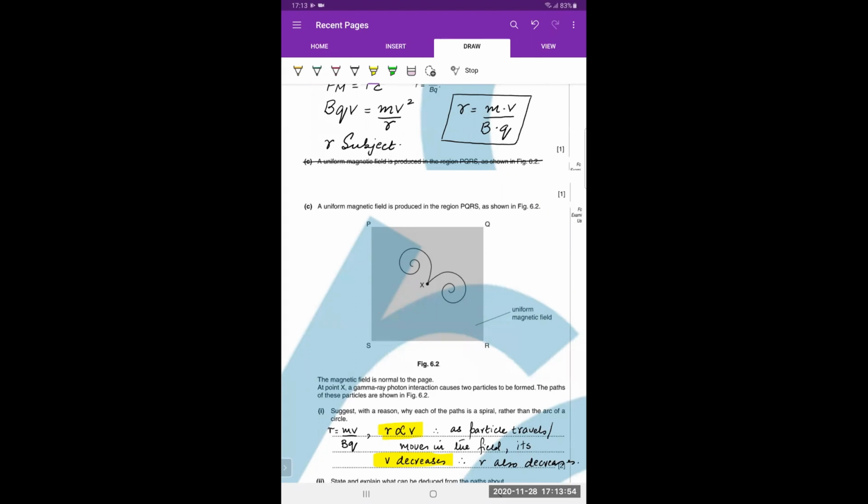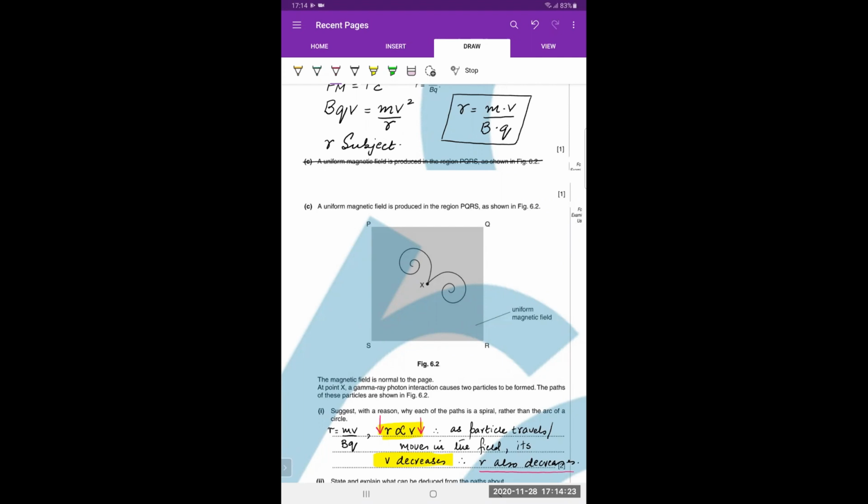And the fact that velocity and radius are proportional to each other. So the decrease in velocity, I'm making an arrow, consequently causes the radius of the particle to also reduce. Therefore, radius also decreases. So basically, this decrease in radius is the result as to why the shape of the particle, instead of following a circular pattern, kind of resembles the shape of a spiral.